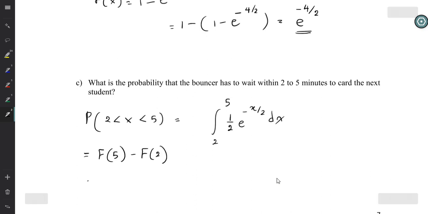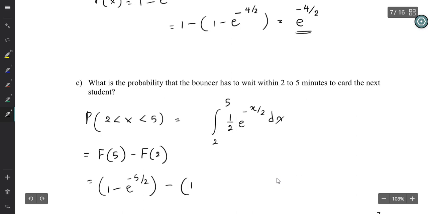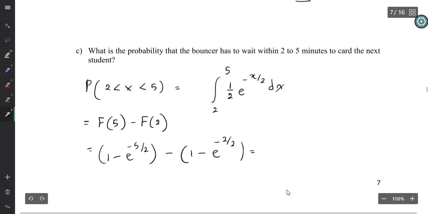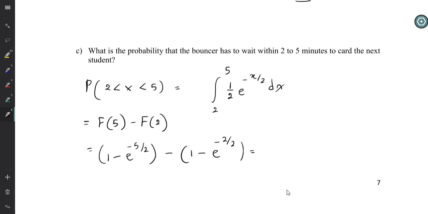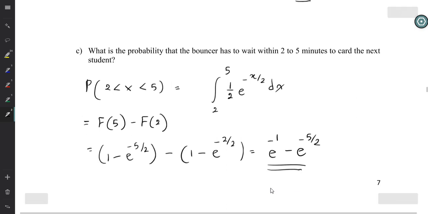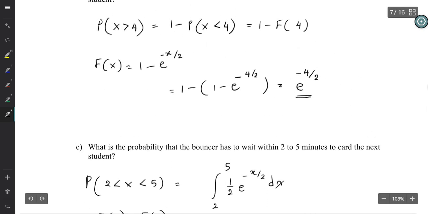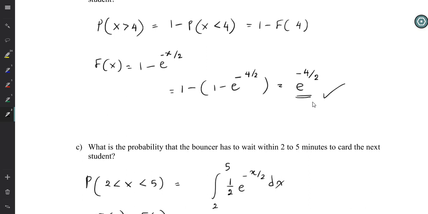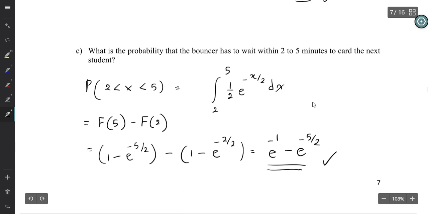This is 1 minus e to the negative 5 over 2 minus 1 minus e to the negative 2 over 2, which will be 1 minus 1 cancels out and the negative becomes positive, e to the negative 1 minus e to the negative 5 over 2. Find the exact value using the calculator. Or even if you leave your answer like this in an examination, that is also fine. This is acceptable. So you don't have to simplify it.